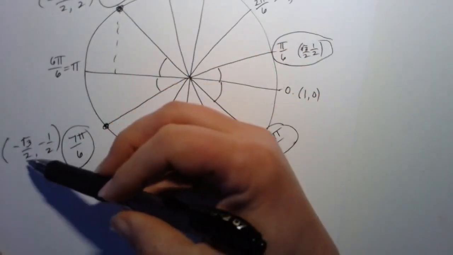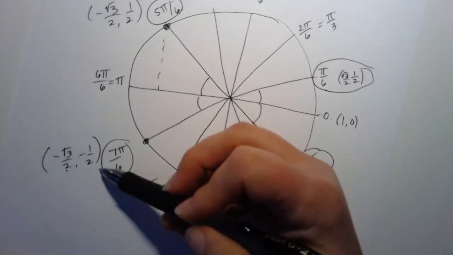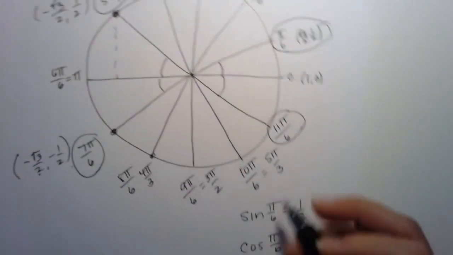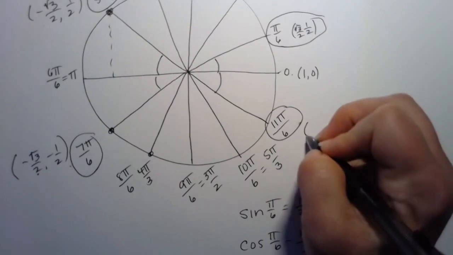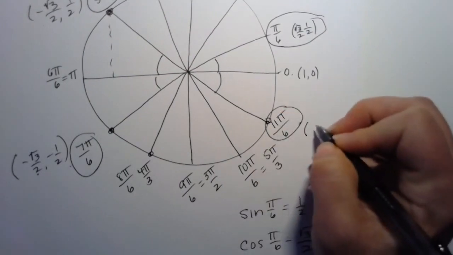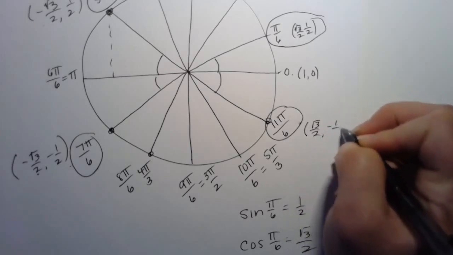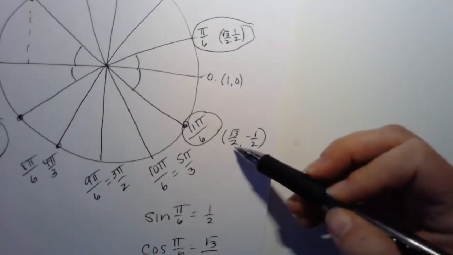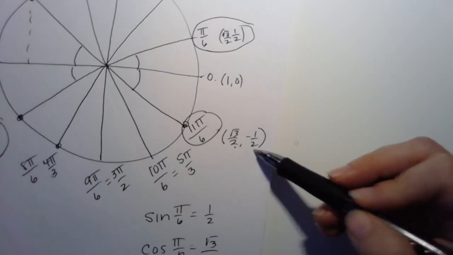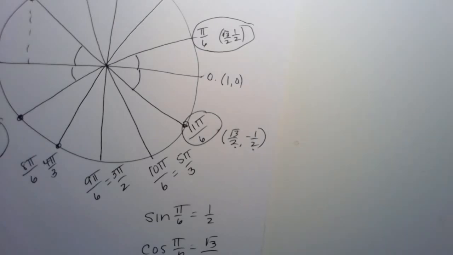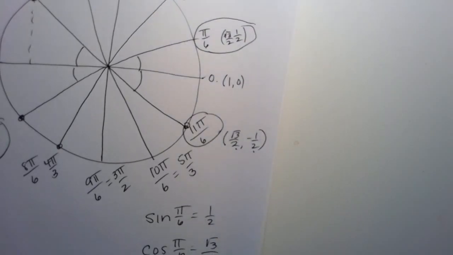And so cosine, sine. Okay, over here, this point is positive x, so it would be square root of 3 over 2, negative y, negative 1/2. So cosine, sine. All right, so those are all of my trig values.